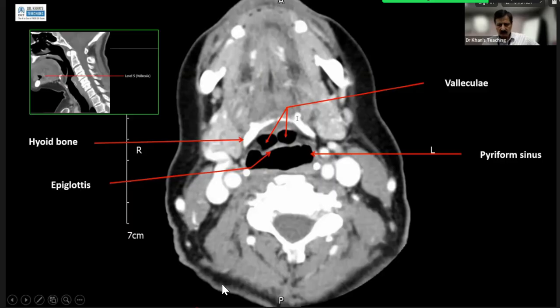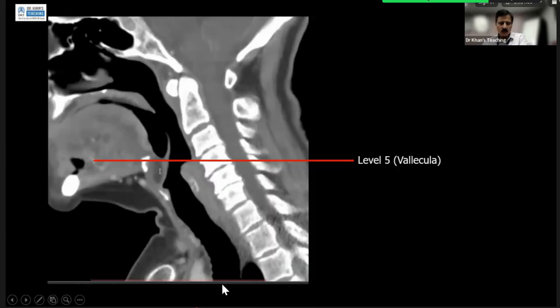Now, anteriorly, you can see the hyoid bone, and this is the hypopharynx. And you can see these sinuses on the right and left, which will be better seen on the next slice. So you see the slice is going like this. Another point, if I go back, is that you see there is a bit of low density, the windowing here is close to bone window.